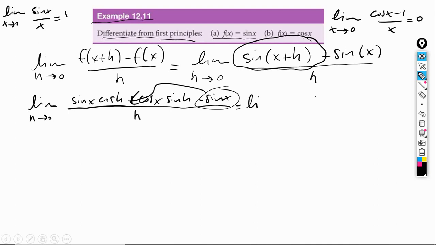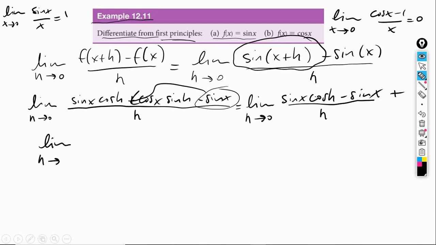It would be the limit as h approaches 0 of sine of x cosine of h minus sine of x, and I'm going to divide this up, so this would be over h, plus the limit as h approaches 0 of what we're left with, so that would be cosine of x sine of h over h.